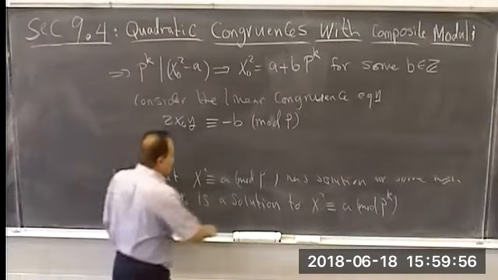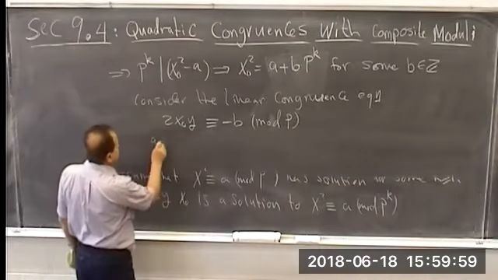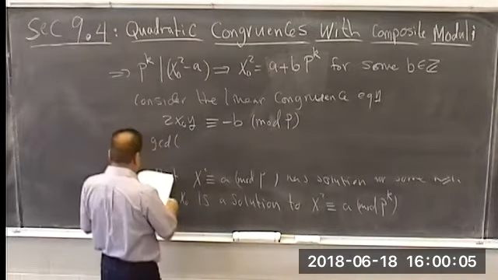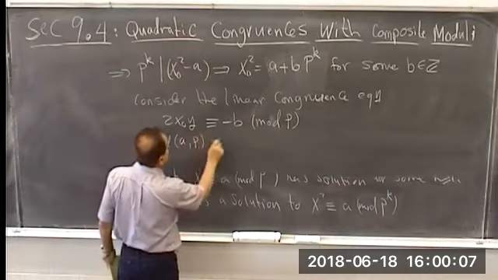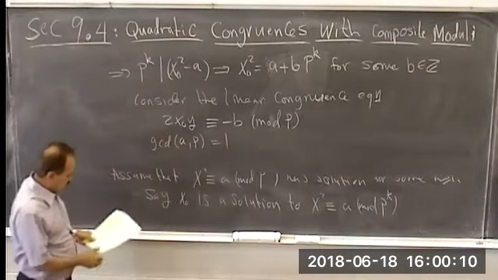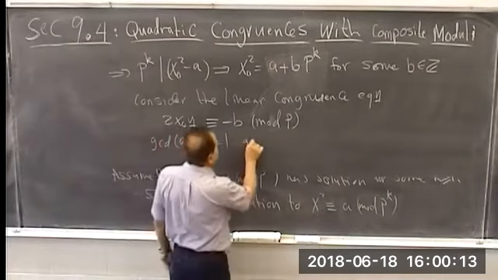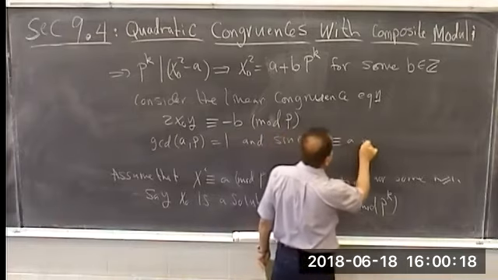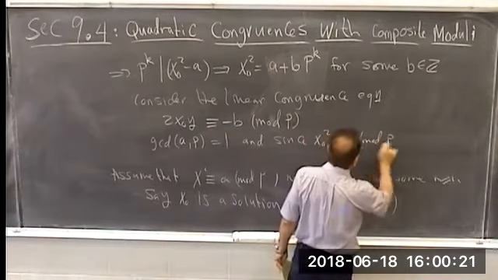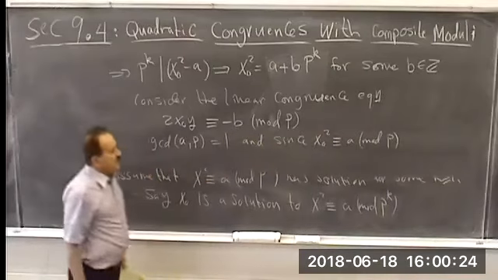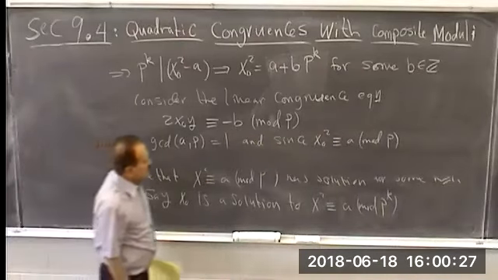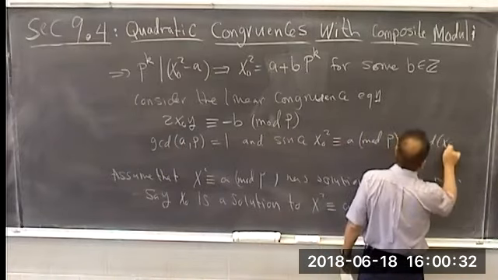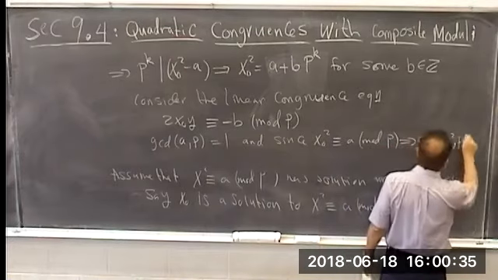So we have in here the greatest common divisor of a and b is equal to 1. These are relatively prime. And since x 0 squared is congruent to a mod p, this implies that the greatest common divisor of x 0 squared and p is also equal to 1.